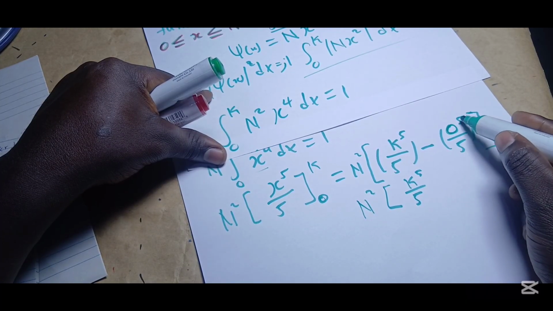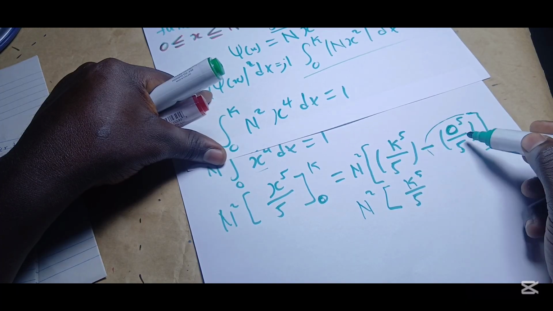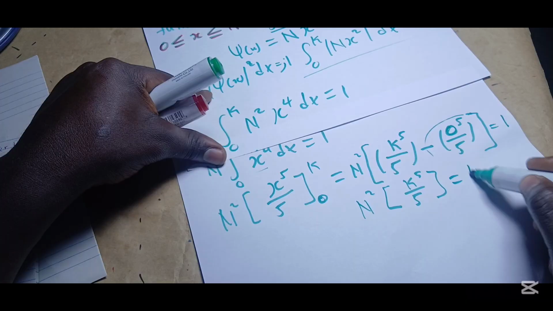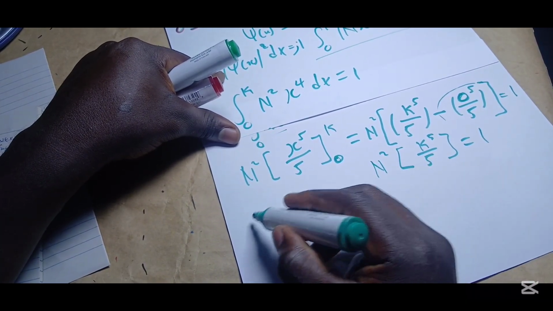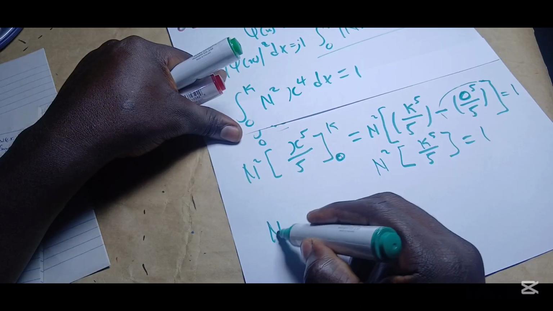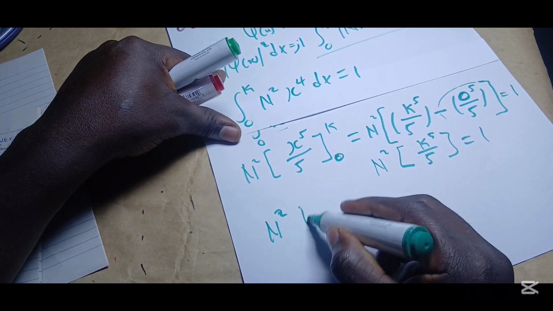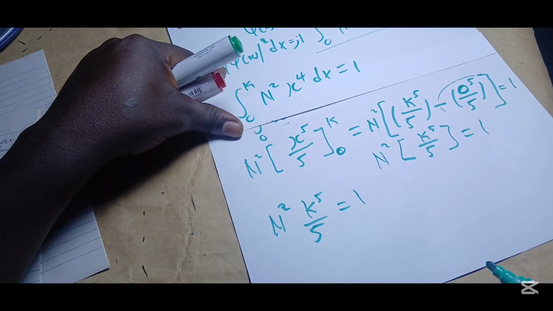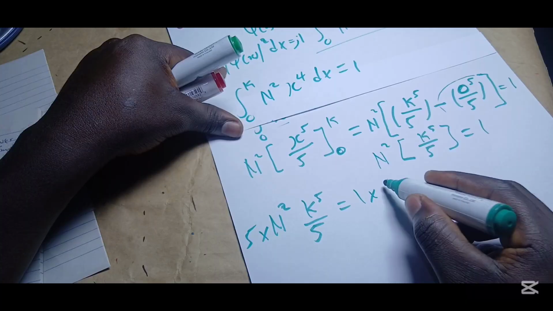Any number 0 to the power 5 is the same as 0, and 0 over 5 will make this whole term go to 0. So it should be equal to 1. So now we have n to the power 2 multiplying k to the power 5, all over 5, equal 1. So let's multiply both sides of the equation by 5.